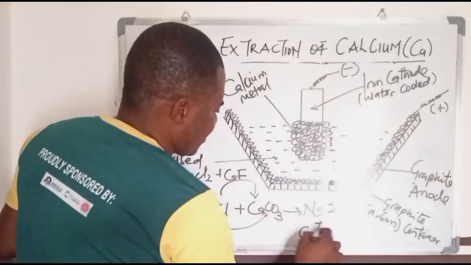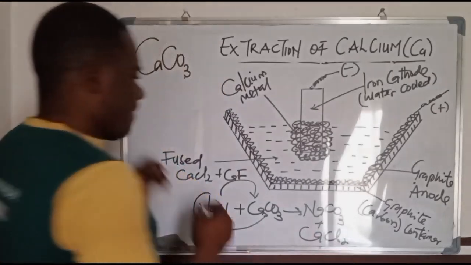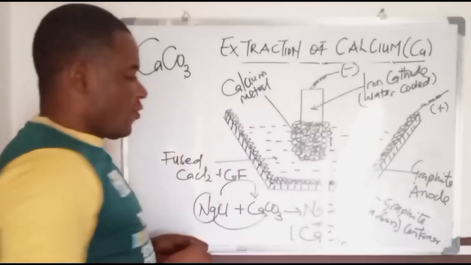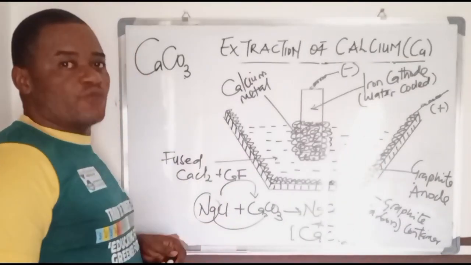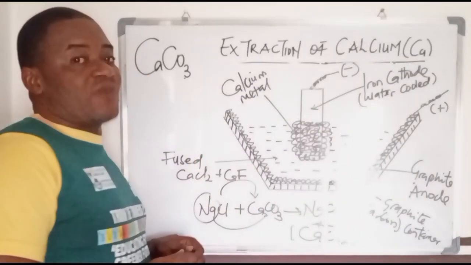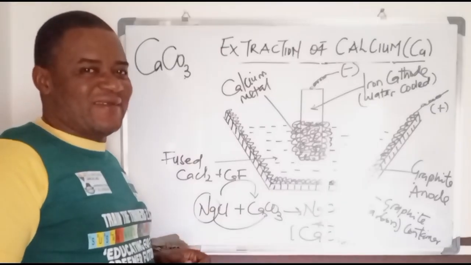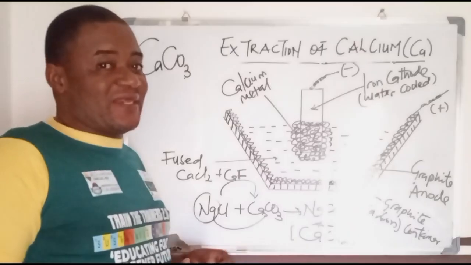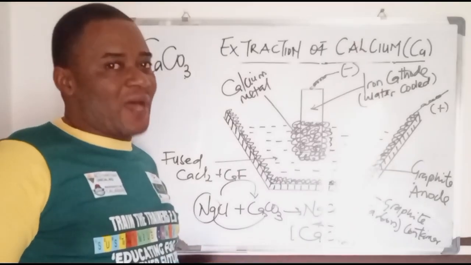You now have calcium chloride. Now, this calcium chloride, which is a byproduct of the Solvay process, is what is being used in the extraction of calcium metal. So we do not use calcium carbonate as limestone directly to extract calcium as a metal.